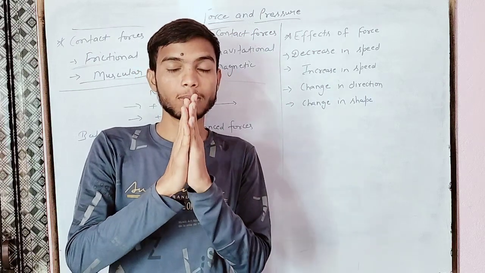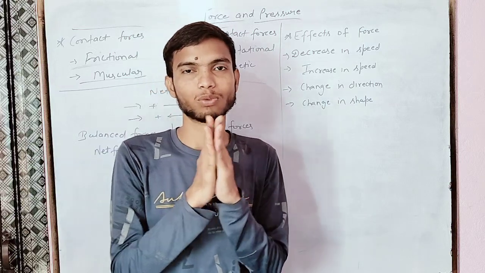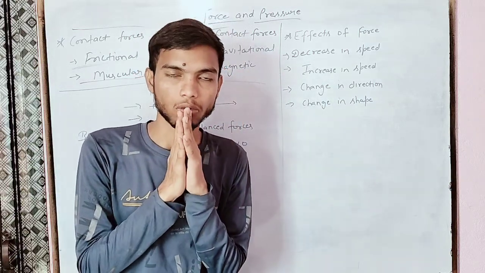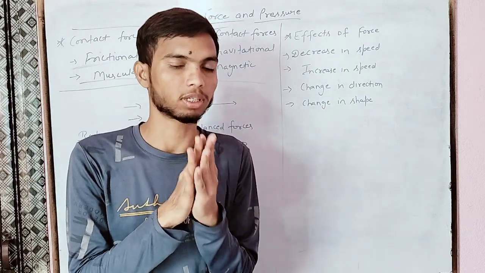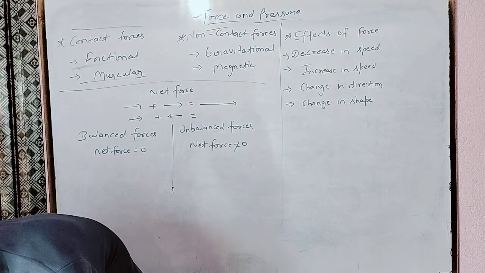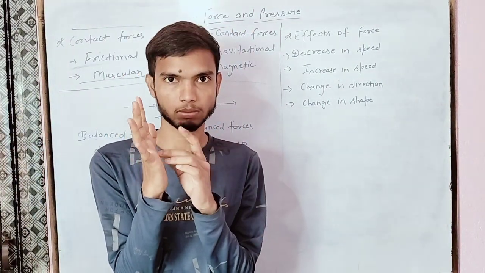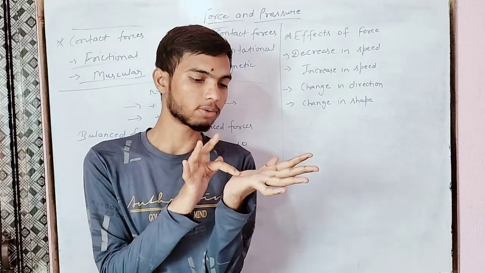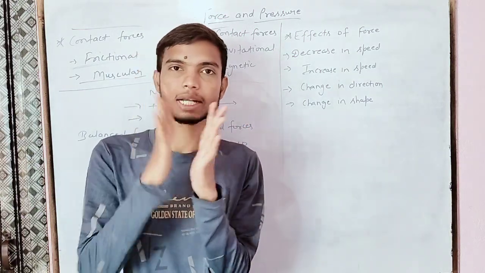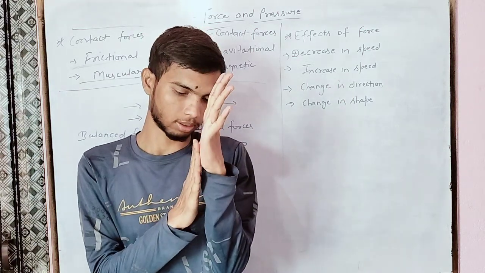There will be friction when one object moves by rubbing the surface of the other object. For example, this hand will rub the surface of this hand like that, and this hand will move in any direction.